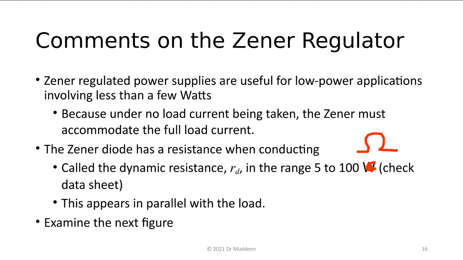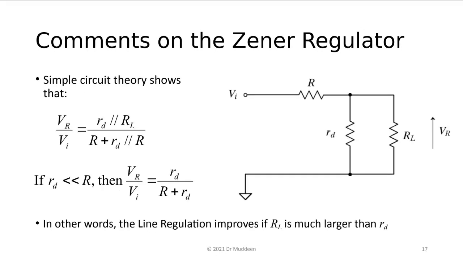Now that resistance appears in parallel with the load. So just a little bit of simple circuit theory here. From a resistance point of view, this is the circuit that we have: the Zener in parallel with the load resistance.